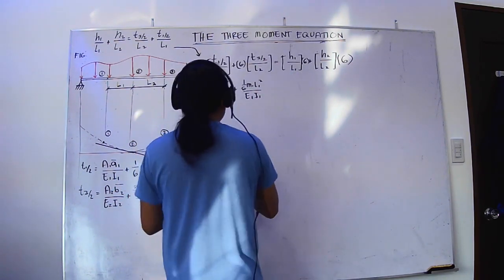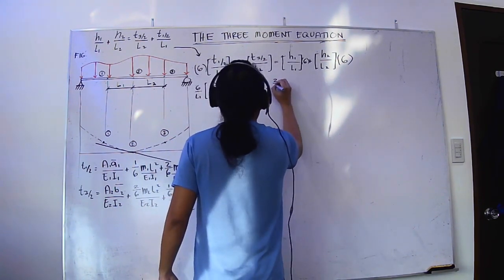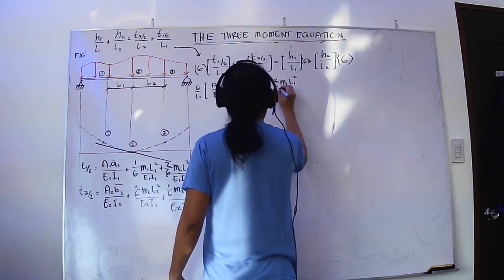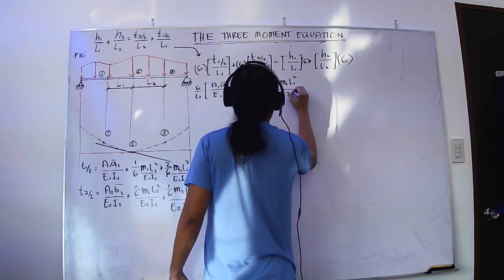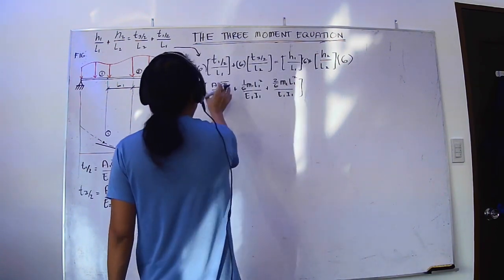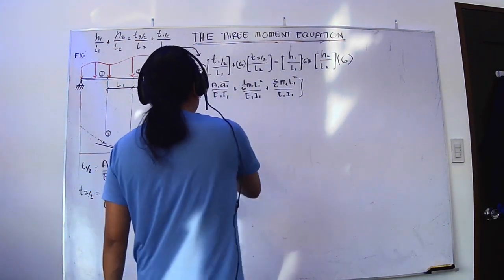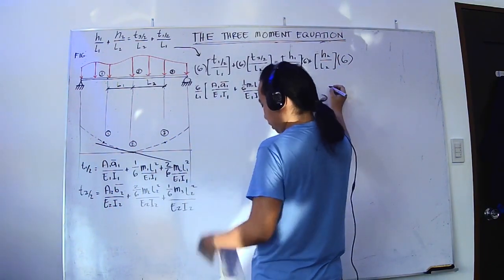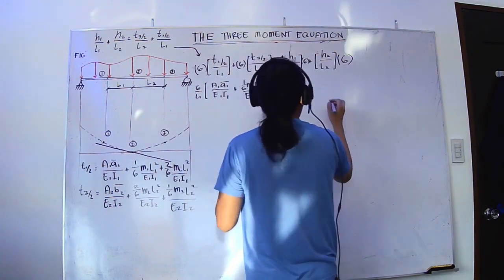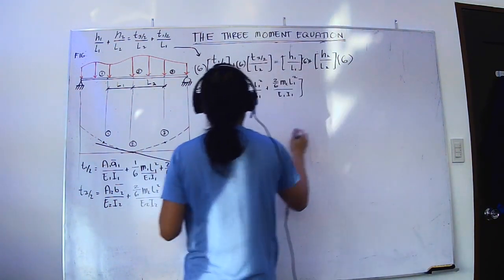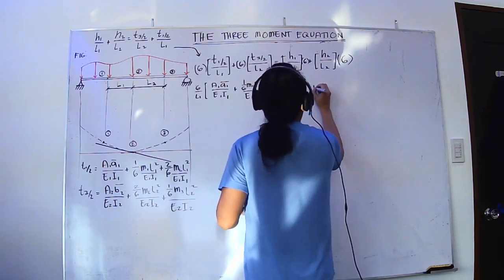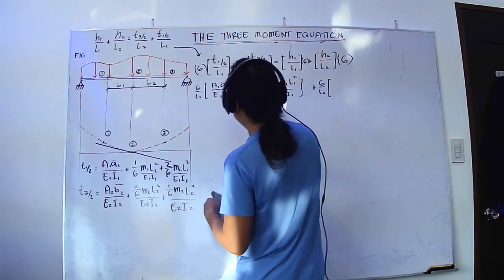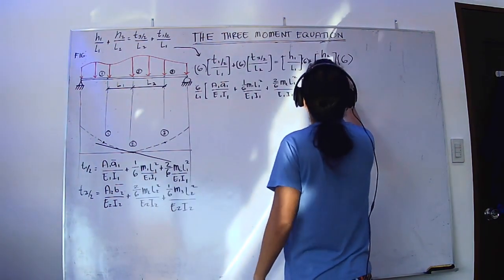Plus 2 over 6 M2 L1 squared over E1 I1. This is for the first term. Then for the second term, I will factor out L2: 6 over L2 multiplied by all of this stuff.